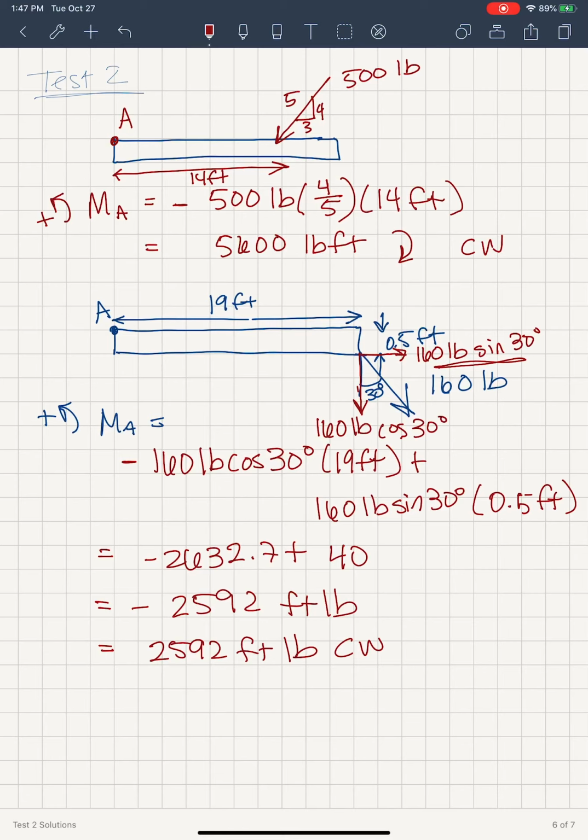And that is one of the answers. Oh, I guess I accidentally rounded. So this is actually 0.7, so it's really 2592.7, which is 2593.